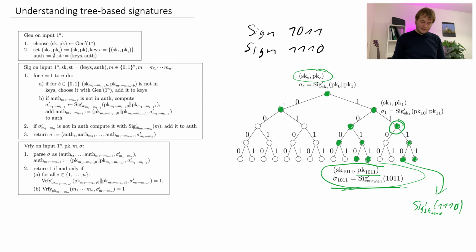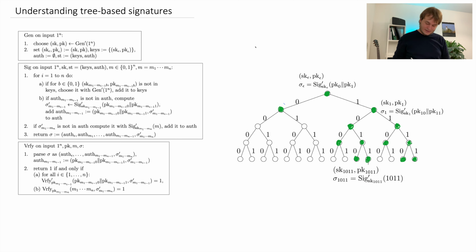So the key pair for this parent node is already generated, but now we need to create the signature that authenticates both the children, which we didn't have previously because we only generated the public key when we needed to generate the signature on these two. So now we add this. So we generate this key, the 110 key, and then sign these two public keys here. And then all the other nodes are already generated. So if we look at the signature on 1011, it looks as follows.